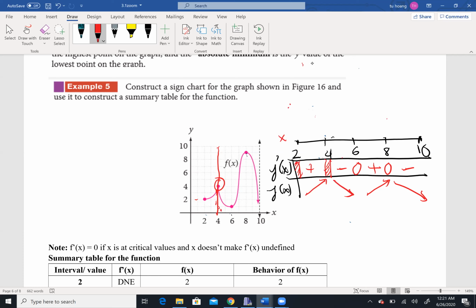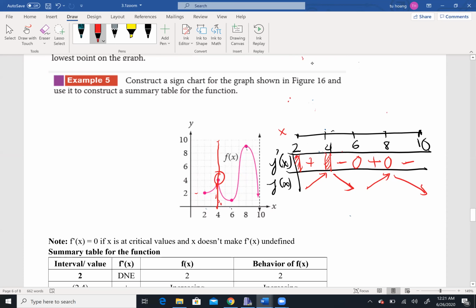Okay, and now I would like to find the maximum or relative maximum and relative minimum for f of x.